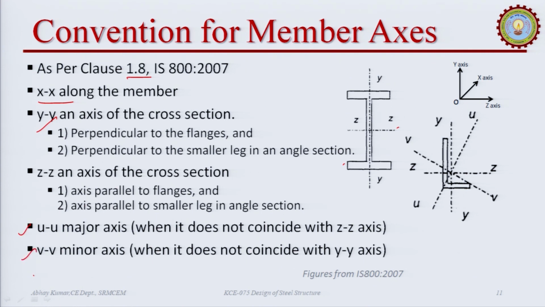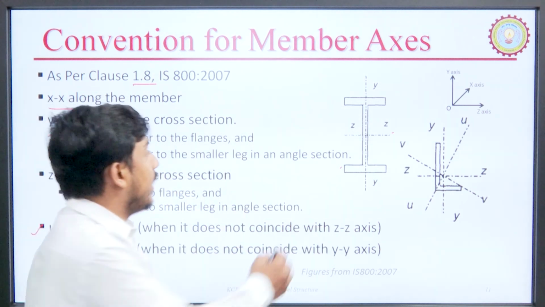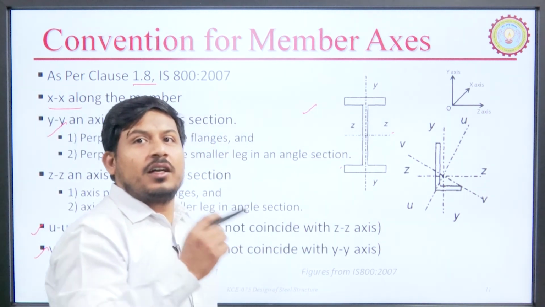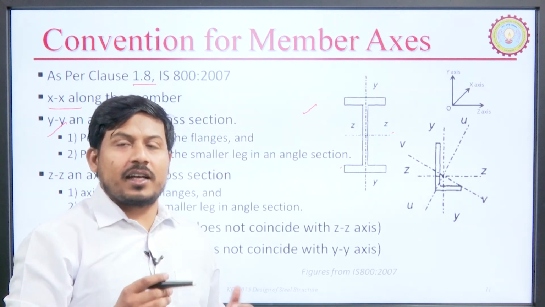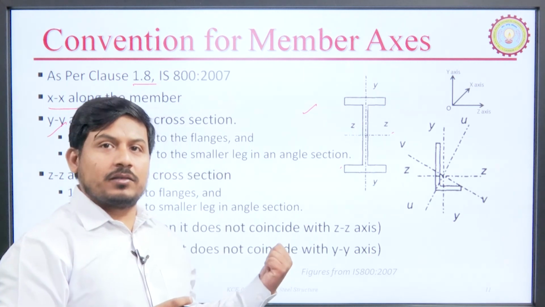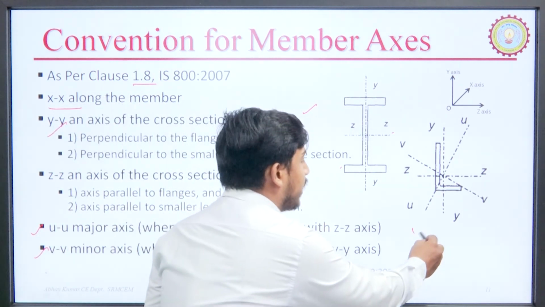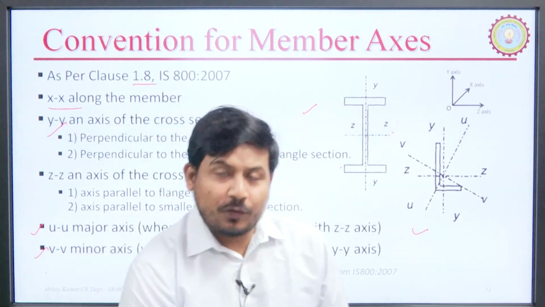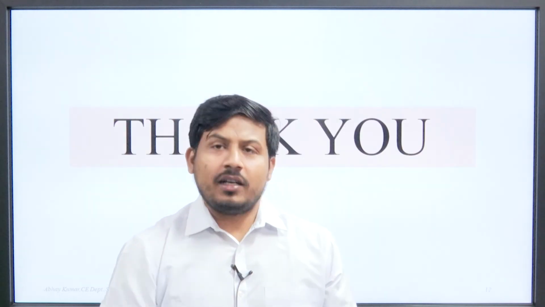UU and VV are the major axis and the minor axis respectively, and these are of different values in the angle section. In the I section or the channel section, the y axis and z axis are the major and minor axes, and in the angle section we require another designation, therefore it is mentioned like this. We will continue to discuss all these in the later part of the course. Thank you for today.